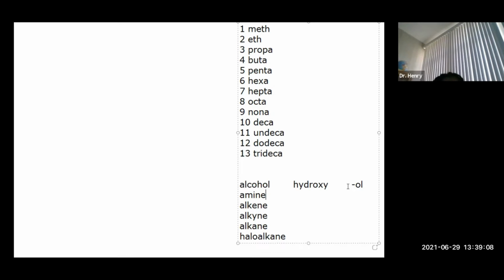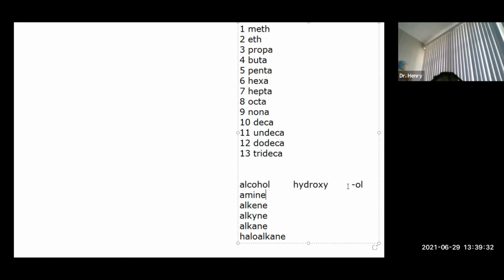So the person with the last name is the most important. That's the same thing with organic chemistry. The guy that is the most important, you give them the last name. So if alcohol is most important, we're going to end it with OL. It's going to be ethanol, or it's going to be octanol.